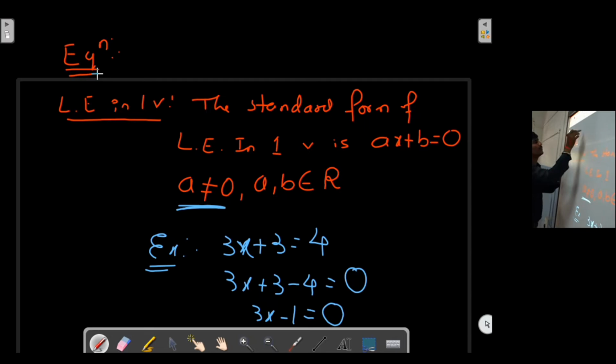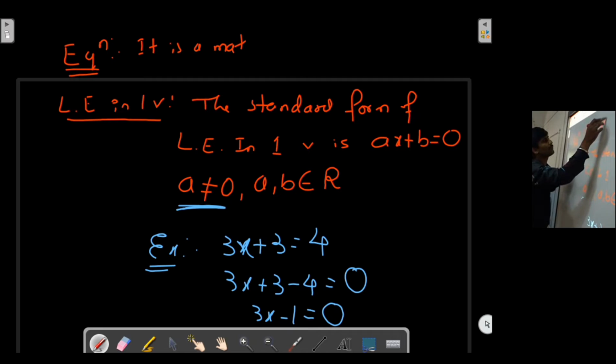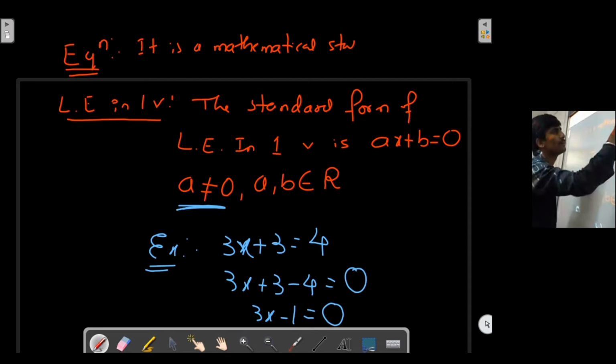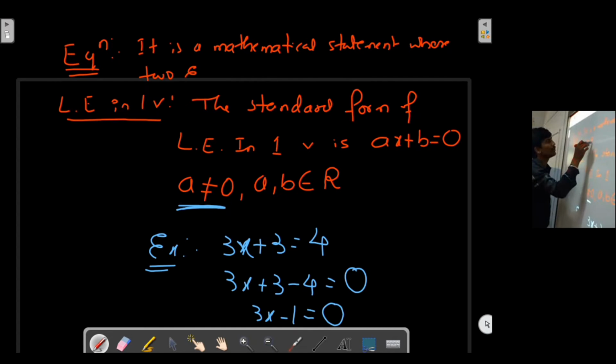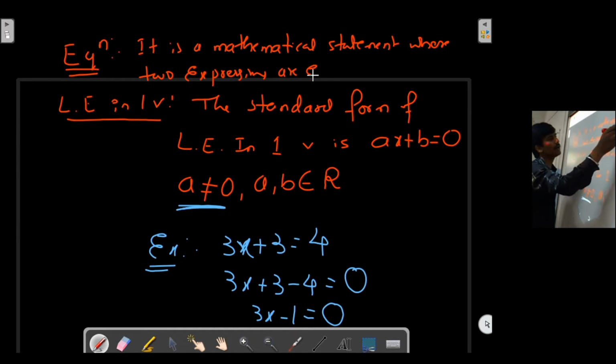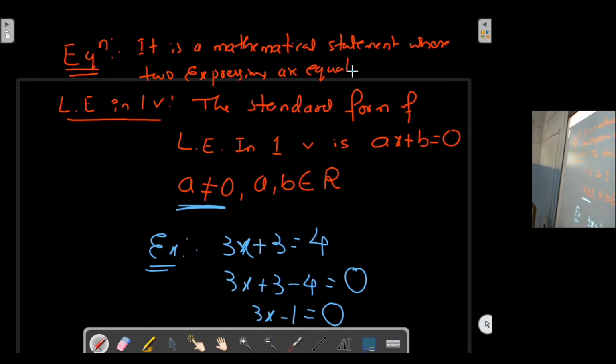Equation definition: it is a mathematical statement where two expressions are equal. It may be an algebraic expression, it may be a trigonometric expression, whatever. It's a mathematical statement where two expressions are equal.